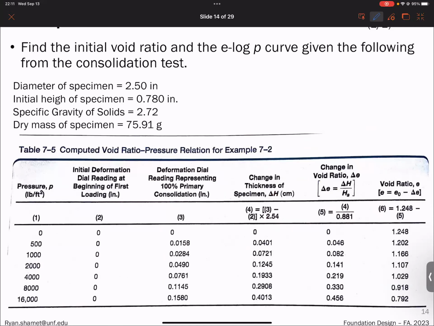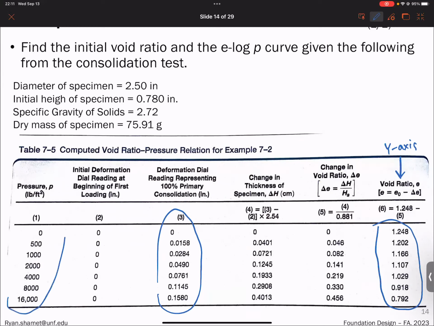So this is actually what we're looking at here when we want to plot this. You can see here, this is the deformation in inches that we were just showing before. We see the change in thickness, the change in void ratio, and then this new associated void ratio here. So what we're actually plotting would be this void ratio on the y-axis and then this pressure on the x-axis.